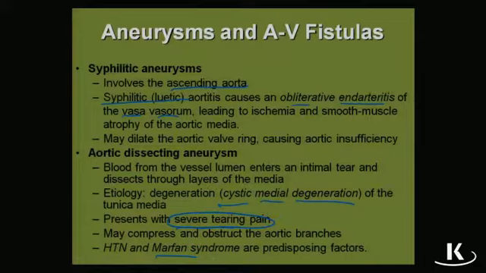Now, like I said, these patients will also have chest pain. You want to remember that. And again, remember that the blood goes into the media. Now, one thing you might see is that sometimes the blood will go into the media, track up the wall, and a second tear can occur, and the blood can go back into the lumen. This is a so-called double-barreled aorta, and this is actually good because it will protect against rupture through the wall and causing blood going into the thoracic cavity.